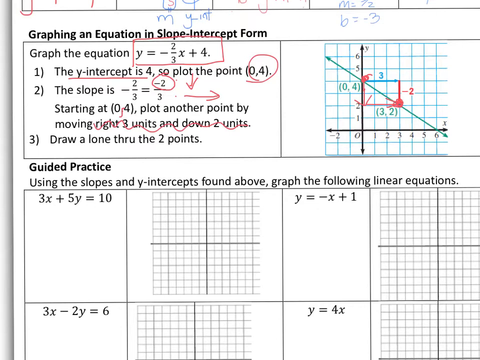Okay. So now I can draw the line through the 2 points. Please ignore this and ignore this. It's a mistake. So what I meant was to plot another point by moving 2 units down and 3 units to the right.